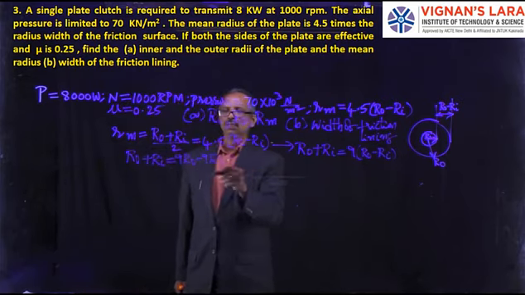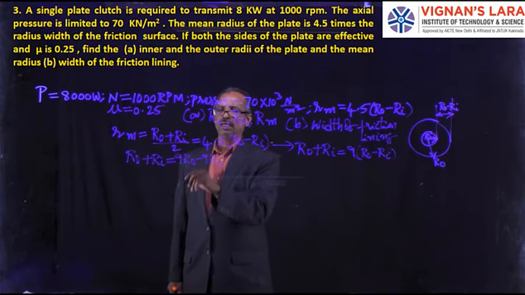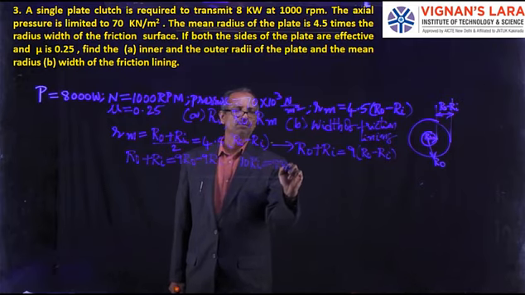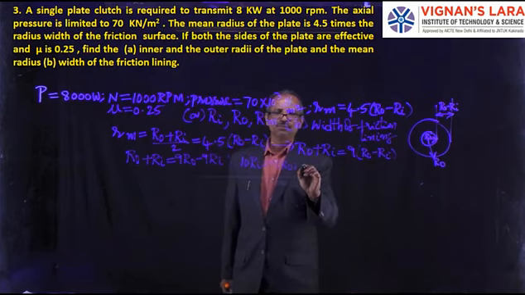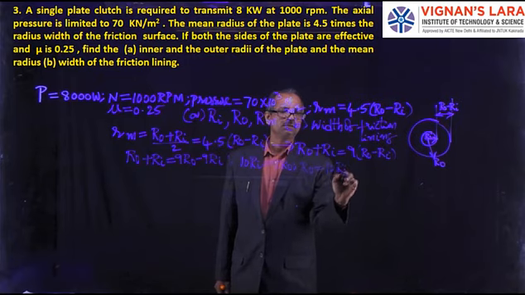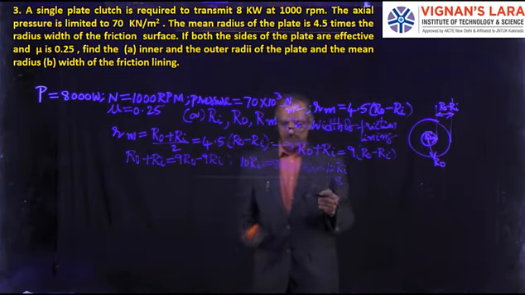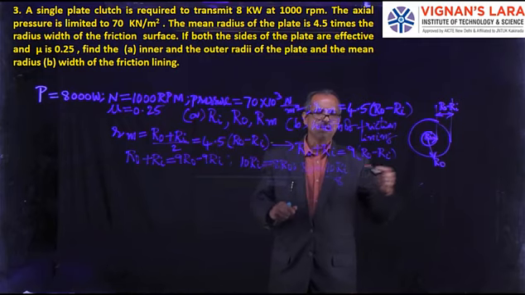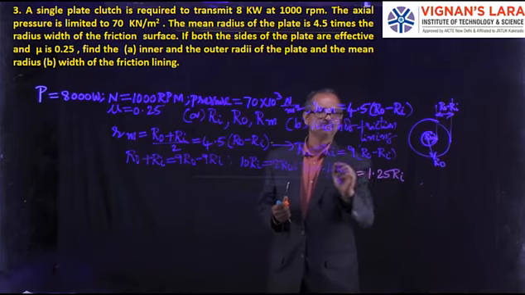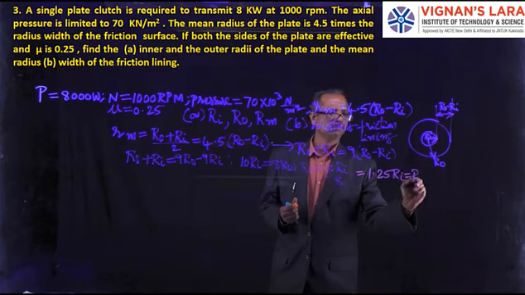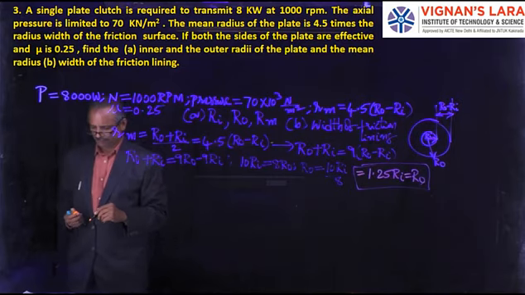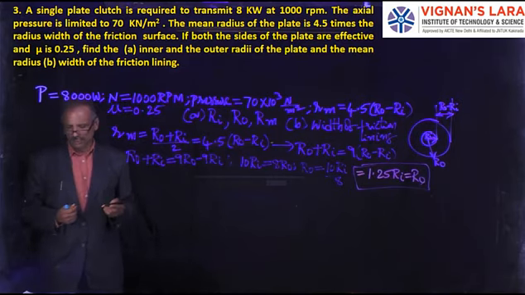Then taking R0 to one side and Ri to the other, 10 Ri is equal to 8 R0, so R0 is equal to 10 Ri by 8, that is R0 equals 1.25 Ri. This is the first part. So I got a relation between R0 and Ri.